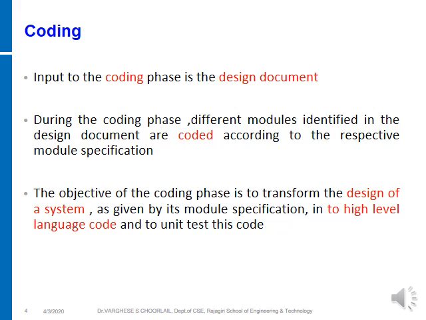The objective of the coding phase is to transform the design of the system as given by its module specification into a higher level language code, and to unit test this code. That is actually what is meant by coding or programming.